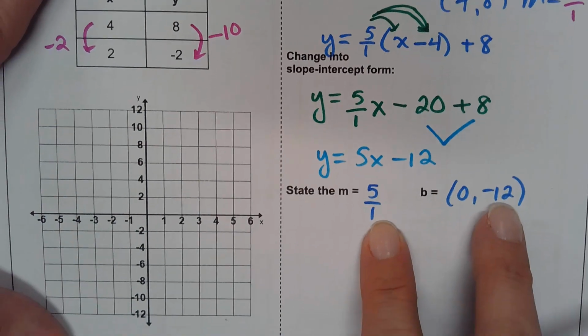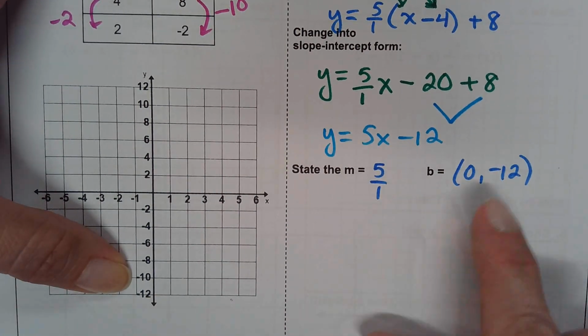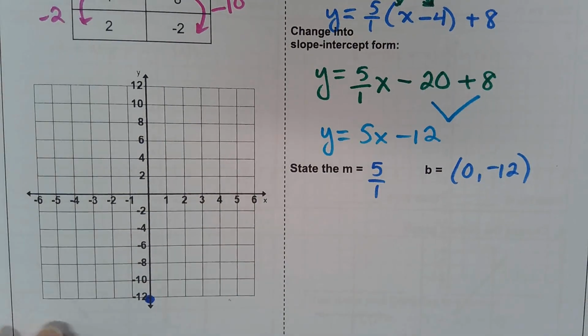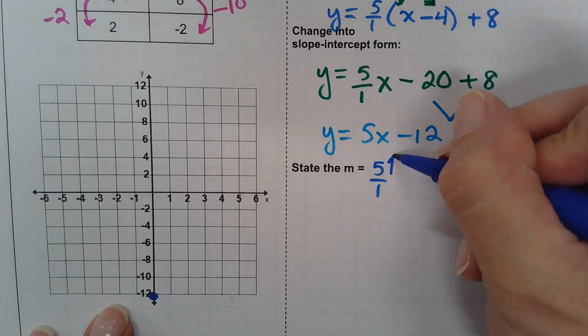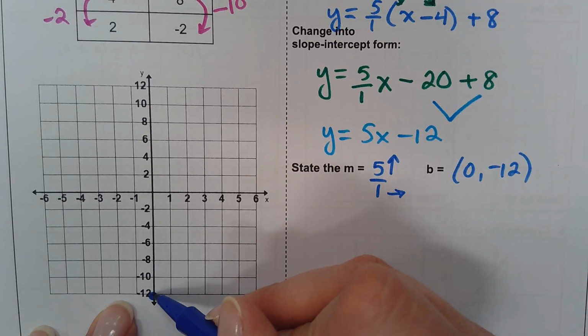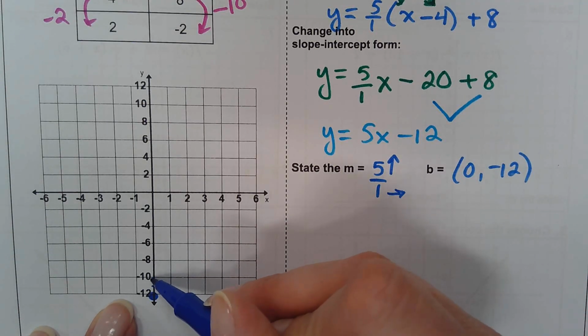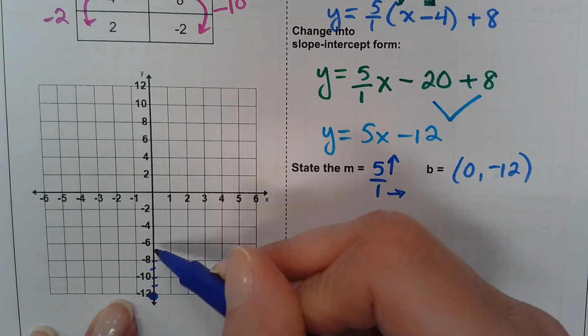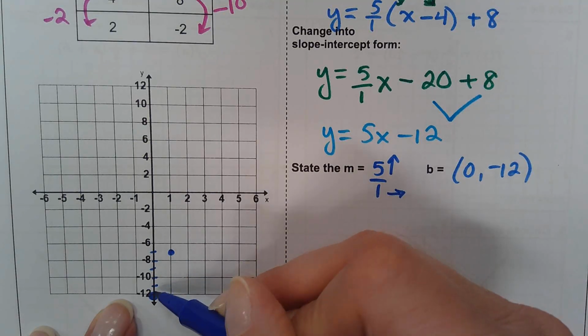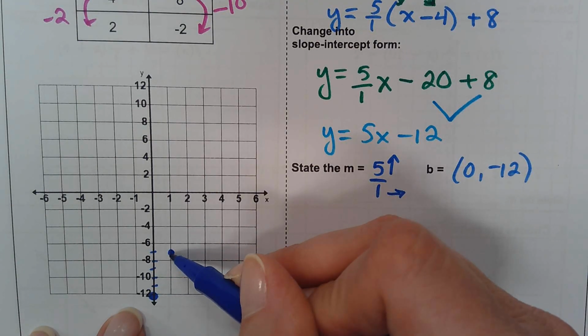If we take these key features and put them on the graph right here, the y-intercept is -12. We will have to go up 5 and over 1. To go up 5, this is 1, 2, 3, 4, 5, over 1. Up 5 takes me to 7.